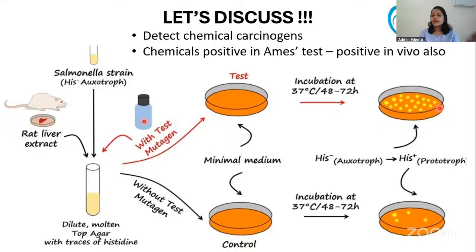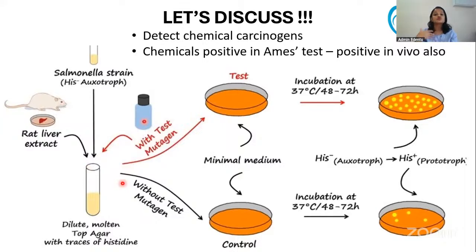Because we added a strain that does not have the capacity to produce histidine, if in the culture plate we are getting colonies that have the capacity to produce histidine, then we can confirm that some kind of mutation has happened after adding this chemical carcinogen into the mixture.